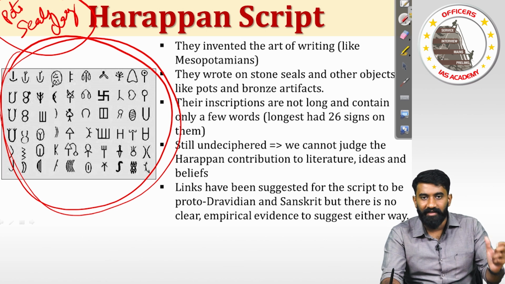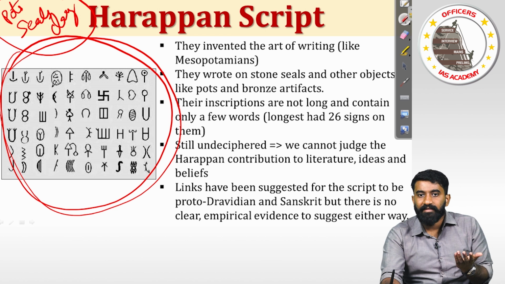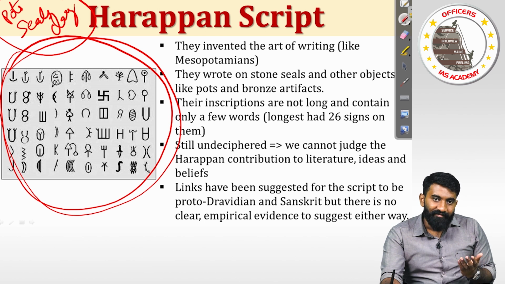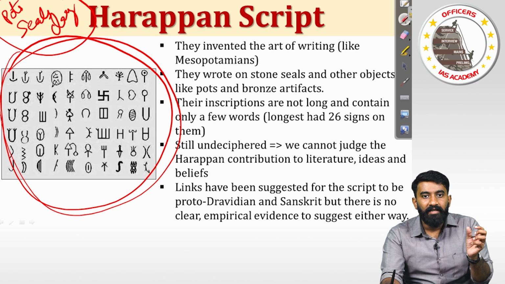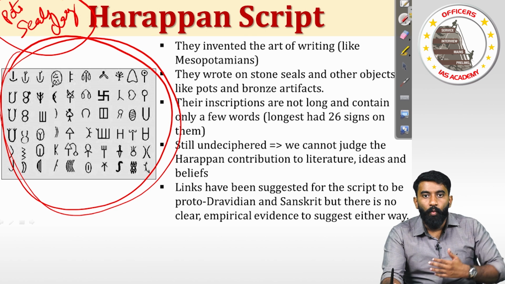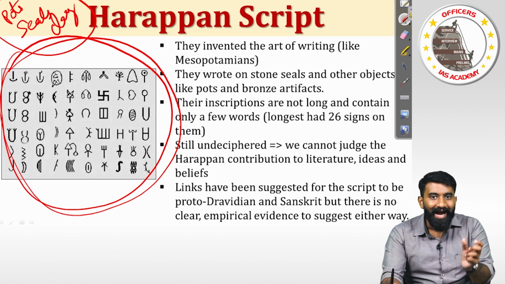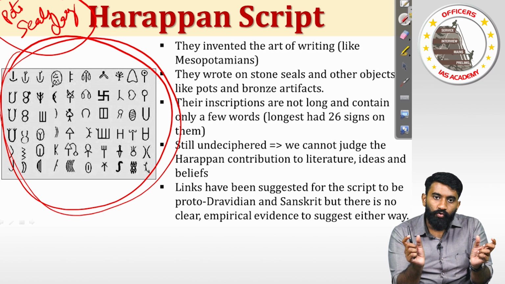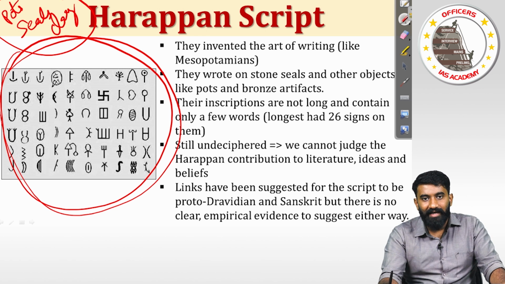Then the other type of script is the syllabic script, where we have compound sounds, and when those compound sounds club together, they make sense. For example, the word water has two syllables, wa and ter. These two syllables when combined make a meaningful word, water.